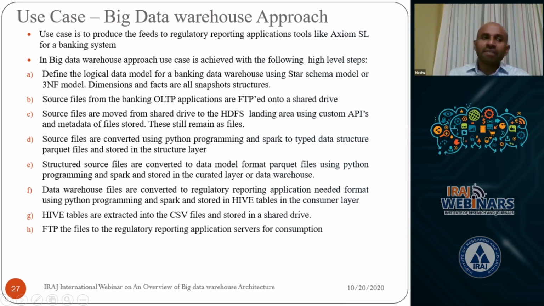From the data warehouse, you take the regulatory reporting needs and convert that into the regulatory reporting format, again using Python and Spark, and load it into the Hive tables in the consumer layer. And Hive tables are extracted out into CSV files and again sent into a shared drive. And from the shared drive, they are FTP'd into the respective applications.